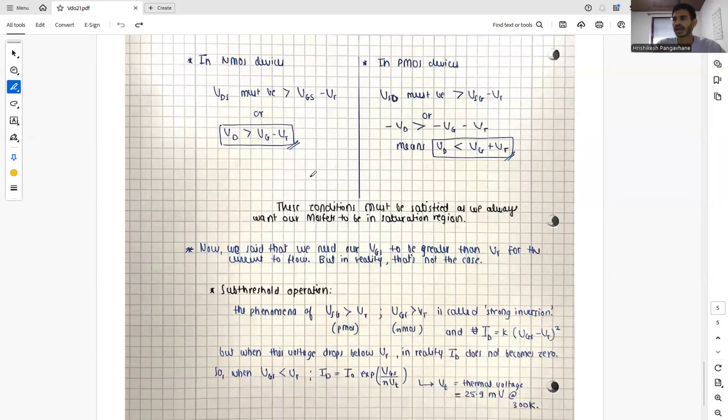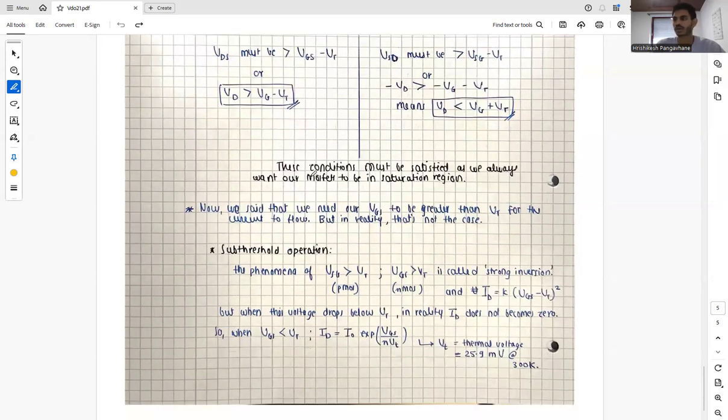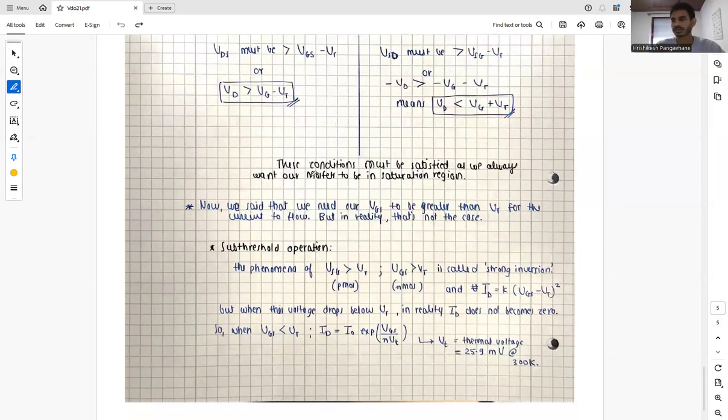And now as we said, we need our VGS to be greater than VT for the current to flow. But in reality, that's not exactly the case, and that's where the topic of subthreshold operation comes into the picture. The phenomenon of VSG greater than VT for PMOS, or VGS greater than VT in case of NMOS, is called strong inversion or the saturation region.